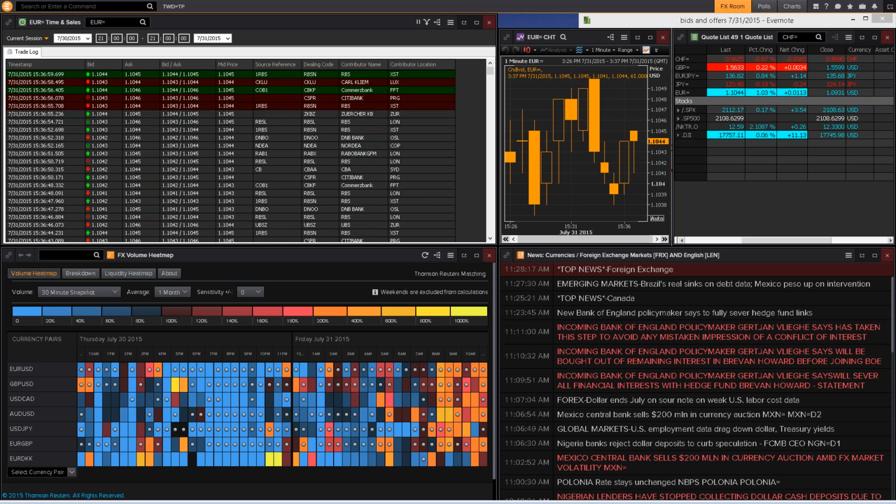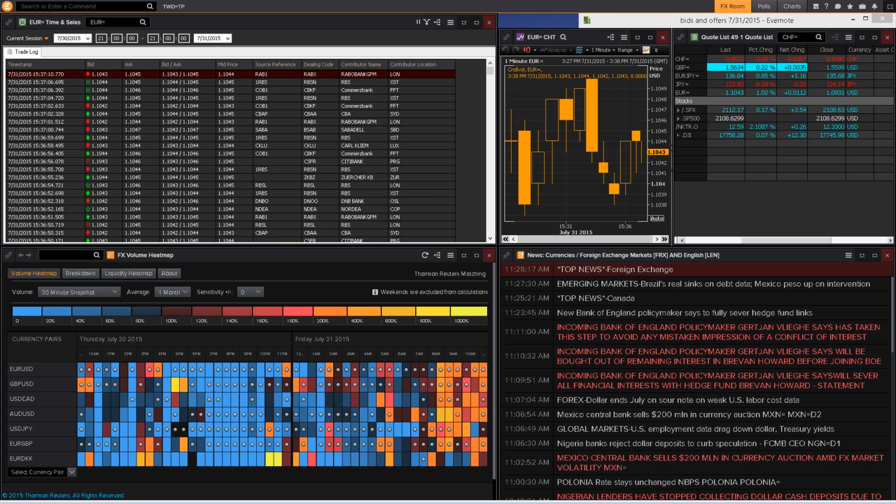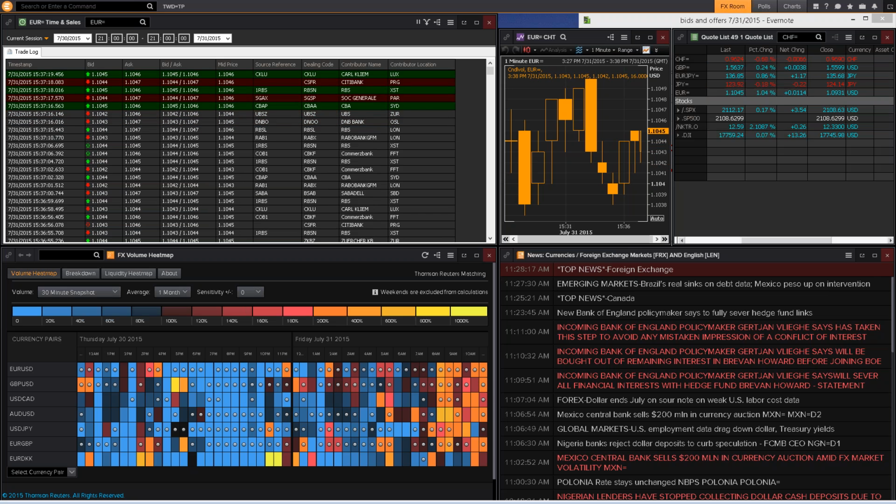Yeah, I can see all other pairs, Louis, but the problem is, as I told you, some liquidity providers own a big portion of the market. Like, let's say pound USD, I don't know which source owns more than 80%. I know on pound yen I have a source that controls 80% of the executions.